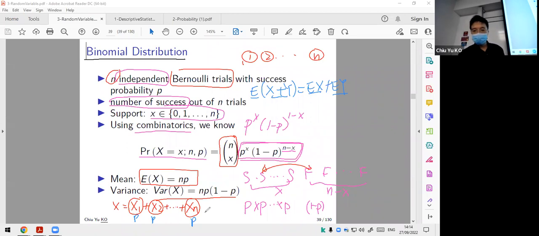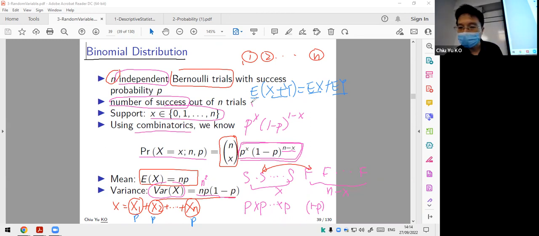The variance, I think, is the most tricky part, and it is nP times 1 minus P. You may immediately ask why it is not n squared. The reason is that we are not multiplying one outcome by n, we are adding them n times.